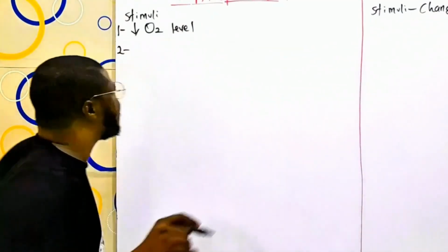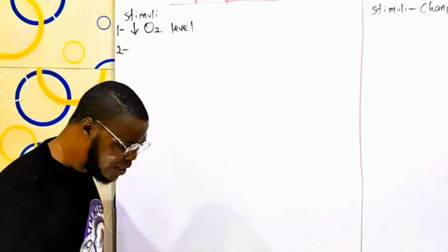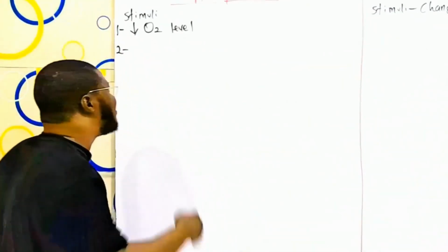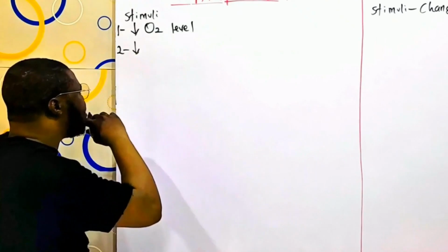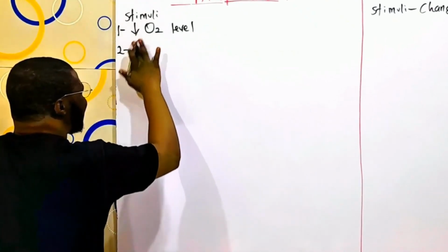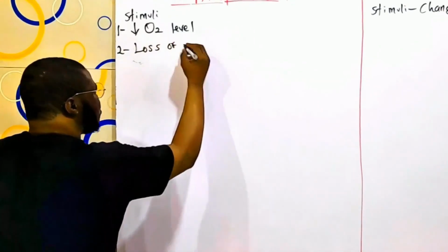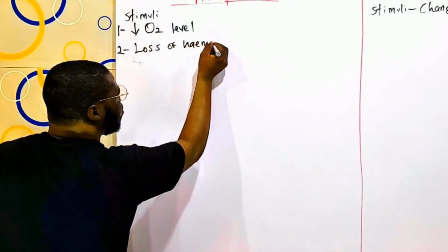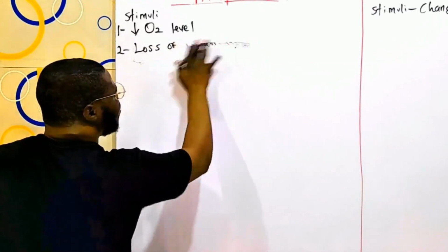Apart from reduction in oxygen level, another thing that can trigger the production of red blood cells in your body is loss of blood, maybe through hemorrhage.